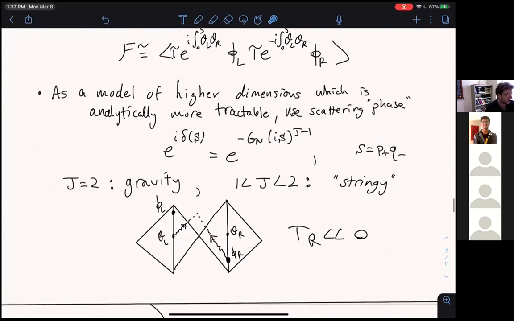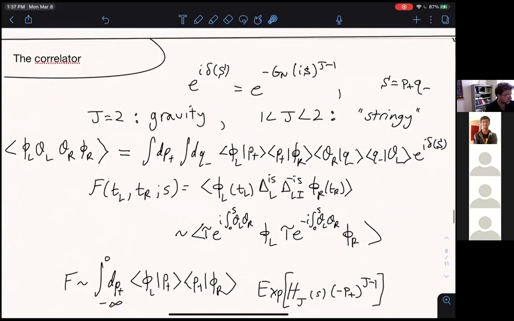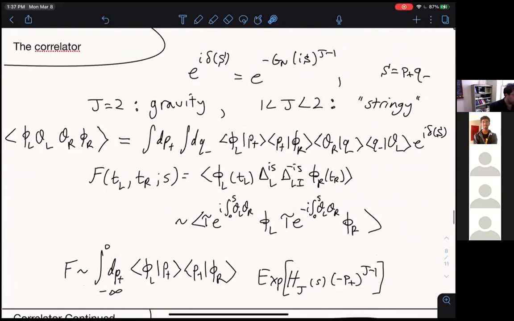So now, given this, you can run through all the steps. These steps are basically just copied from Maldacena, Stanford, and Yang. You expand these excitations, which I inserted on the boundary, in terms of their momenta, in some momentum basis, and then you couple them with this scattering phase. You try and do these integrals.